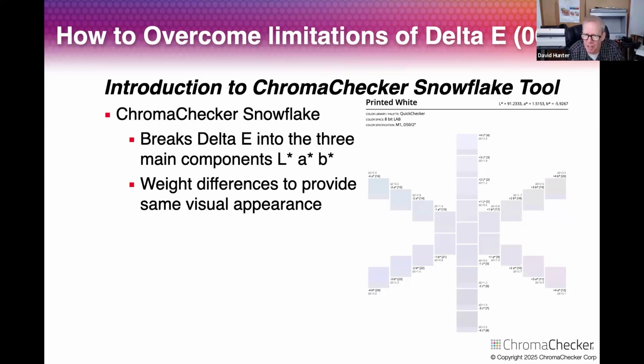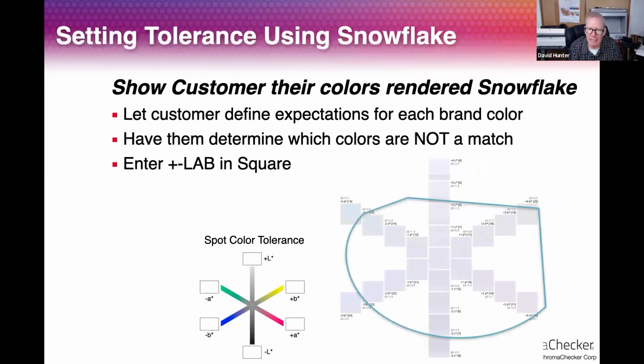And now we're seeing as the color goes off, and remember the green apples, and so the blue on the left, yellow on the right, green on the left, red on the right, lightness on the top, darkness on the bottom. And we're putting a reference patch next to each of the variations so you can see how that color is moving. And we can weight this snowflake, so we can change the weighting of it.